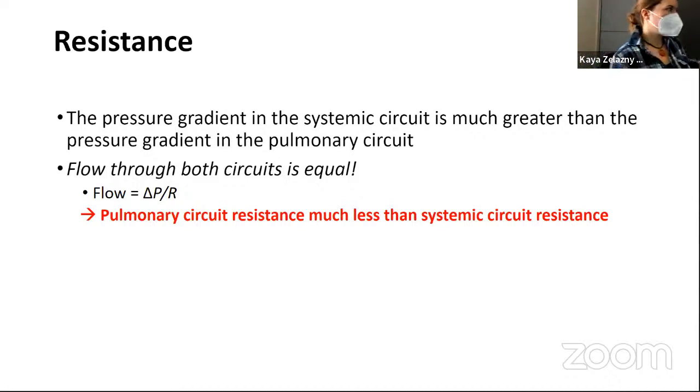So the pressure gradient in that systemic circuit is really big. The aorta has a lot of pressure, right? The pulmonary circuit, we have a lower pressure gradient, as we just saw on that graph. So our right ventricle isn't pumping that much pressure into those pulmonary arteries.